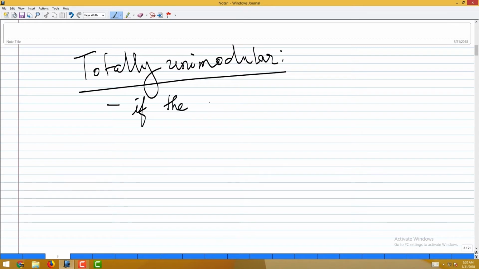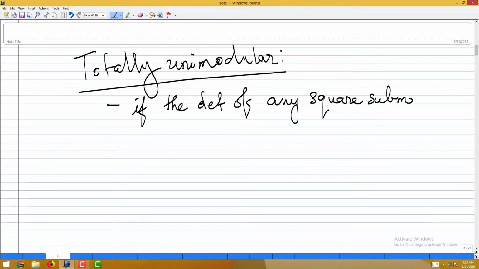If the determinant of any square submatrix, so this is where we are going to use the determinant, obviously we need to talk about the determinant for a square matrix, is 0, plus 1 or minus 1.